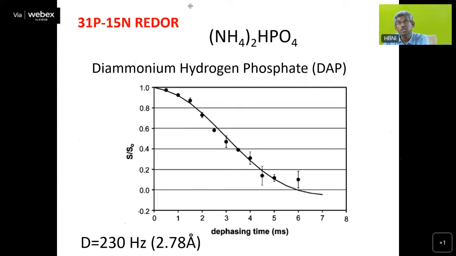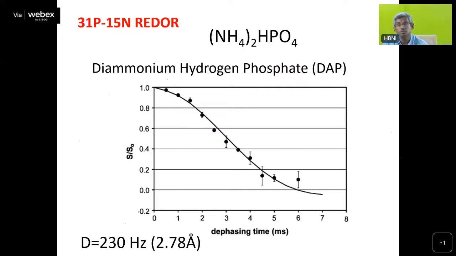This is the way we use REDOR, because REDOR can be used very selectively. You can do a REDOR experiment with chemically different phosphorus and chemically different nitrogen, and selectively find out the distance between a particular phosphorus and a particular nitrogen. Whereas with SEDOR, the disadvantage is that you can only get the average picture.